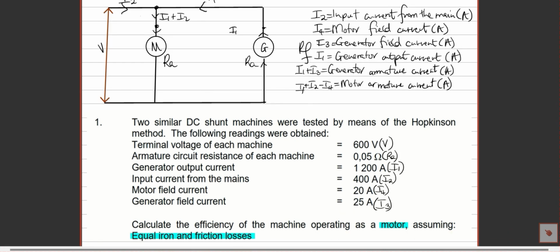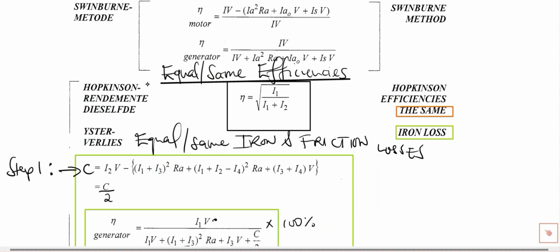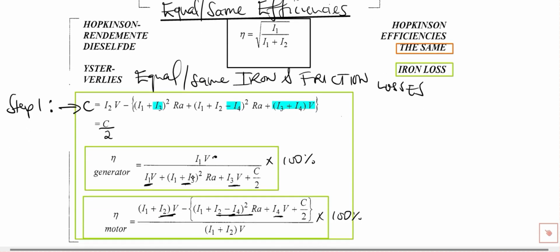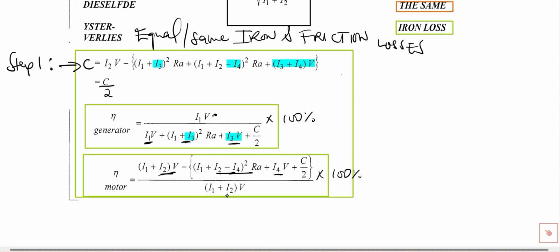Because you don't have the field values, you won't need to write your I3 and I4. These are 0 because they're negligible. You don't have that whole section there.